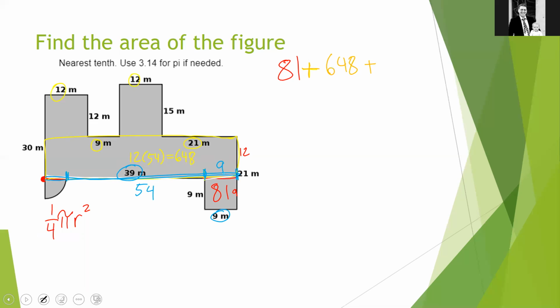So if we take 39 and 9 away from 54, we're going to be left with 6, which is fantastic because that's the radius of my quarter circle. So we can do 1/4 pi times 6 squared. And in this case, it's telling us to use 3.14 for pi. And that's going to give me 28.26.